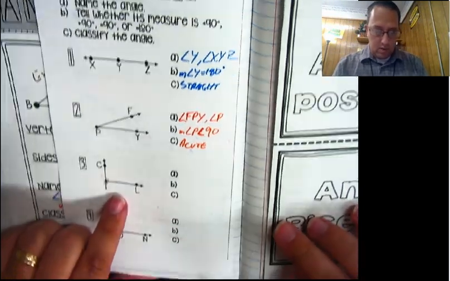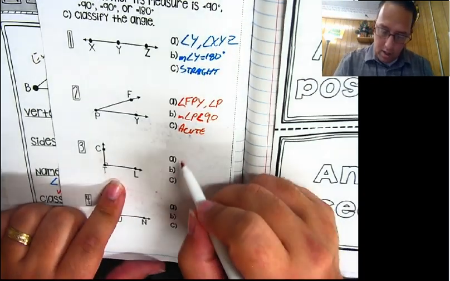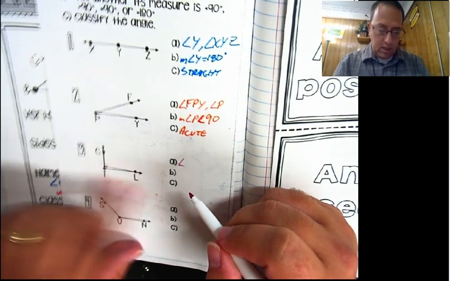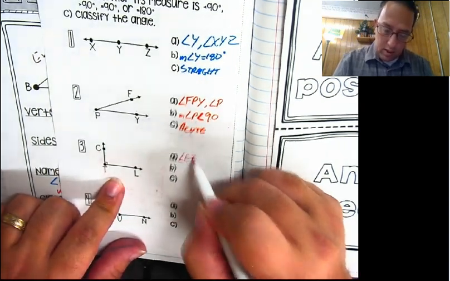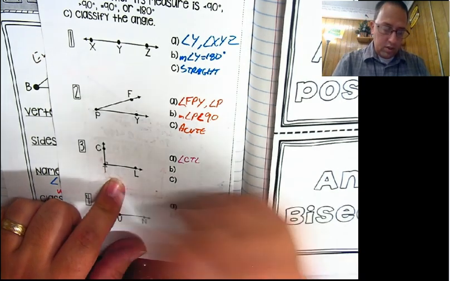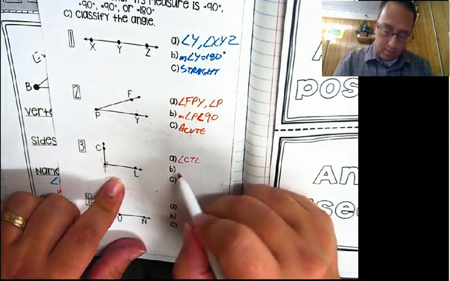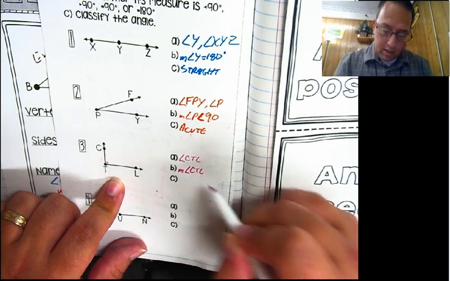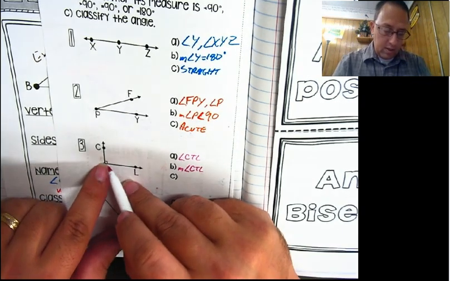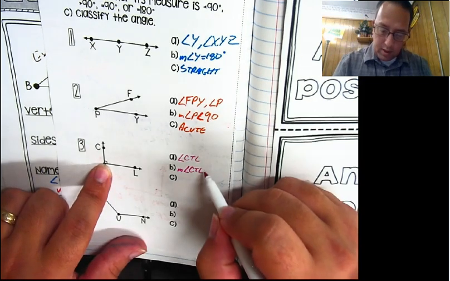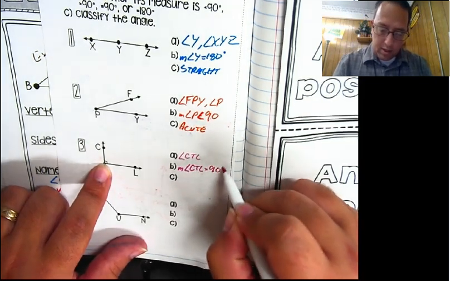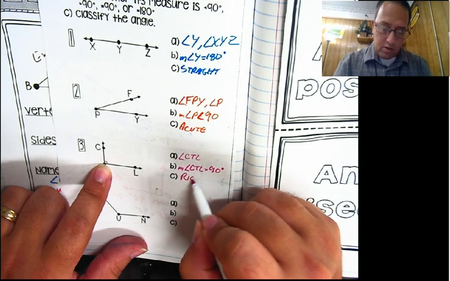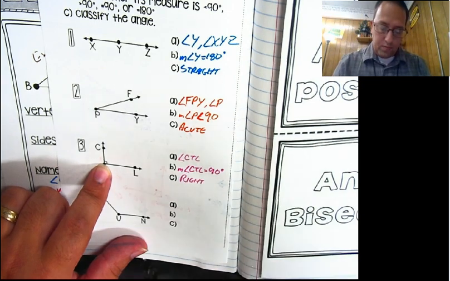All right, next one we have down here, we have angle CTL. CTL, or since it's the only angle there, you could call it angle C. And the measure of angle CTL, well, this one, it's got the little box right there in the middle, so that means this exactly equals 90 degrees, and it is a right angle.